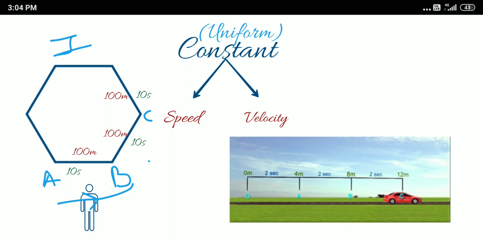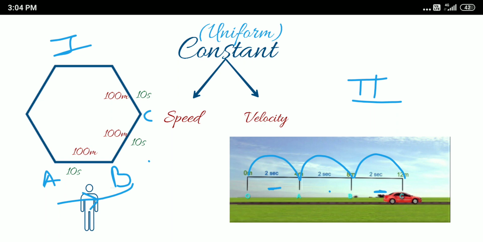Now see the second picture. In the second picture, we can observe the object is moving equal distance in equal time interval, which is 2 seconds. So it can be defined as uniform velocity or constant velocity. Why is this called velocity, not speed?